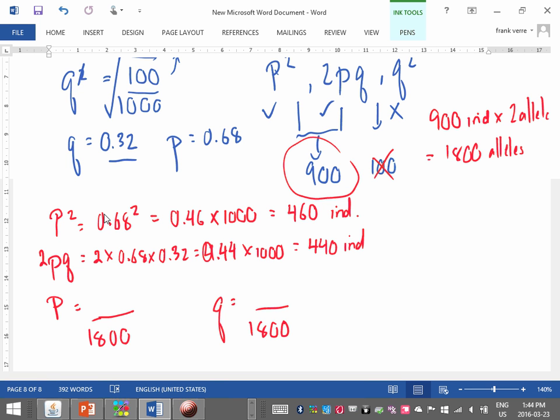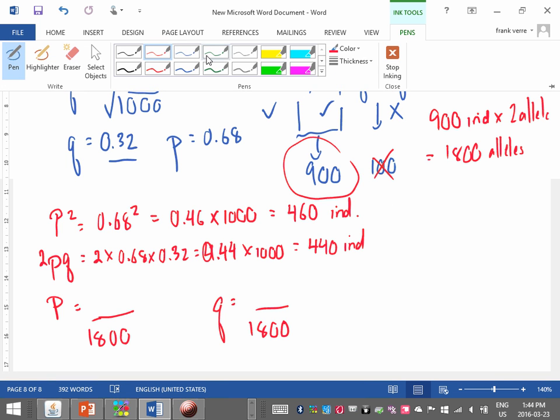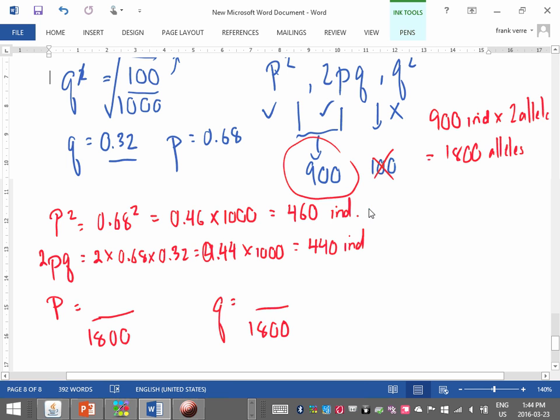P squared means PP, right? So that's 2 P alleles. So this individual over here would have 2 alleles. So that would be 920 P alleles from the P squared.